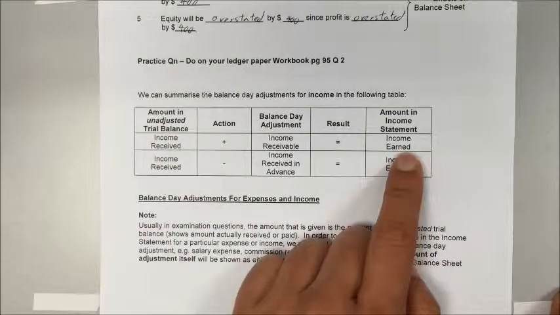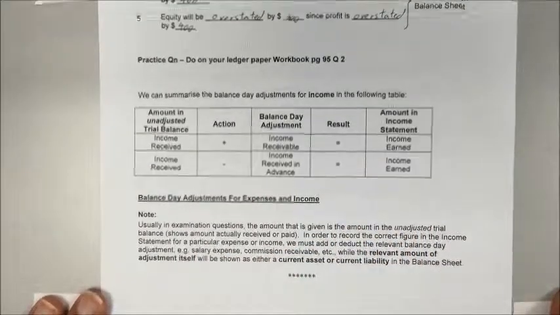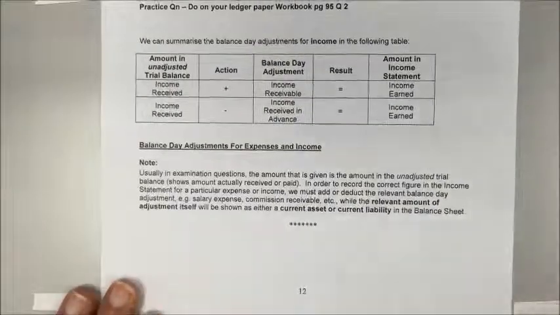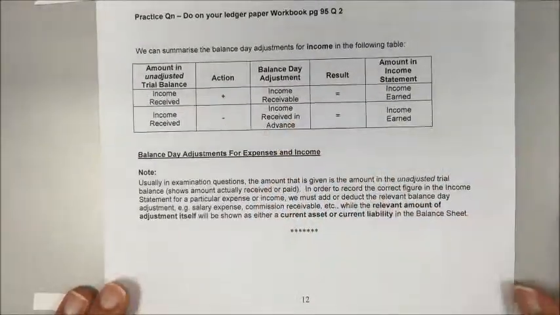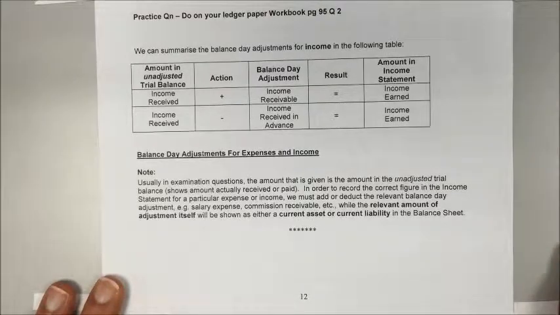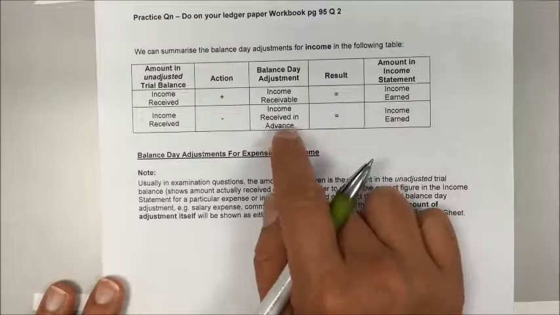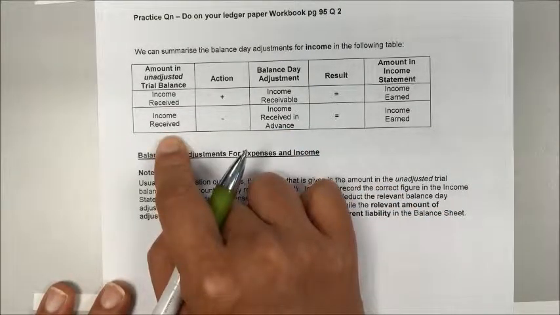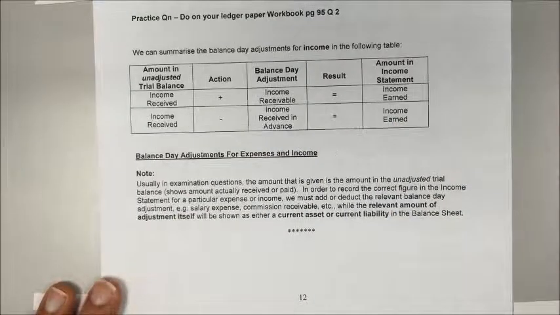And that will be your total income earned for the current accounting period. However, if you have income received in advance, then what you need to do is you have to subtract this income received in advance from the amount that you have received to get the income earned for the year.